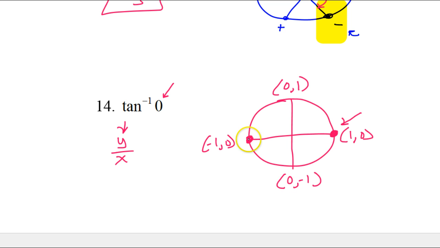So these two angles, 0 and pi. This is 0, this is pi. Both of these angles have a tangent of 0. But the domain restriction will make the call for us which one it's going to be.